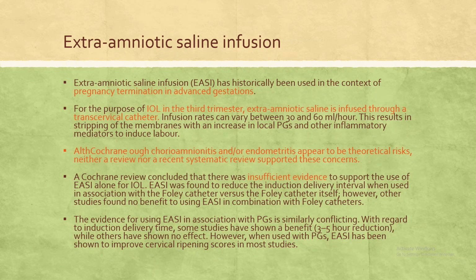Infusion rates can vary between 30 to 60 ml per hour. What does it cause? It strips the membrane and increases local prostaglandins and other inflammatory mediators, which will induce the labor.